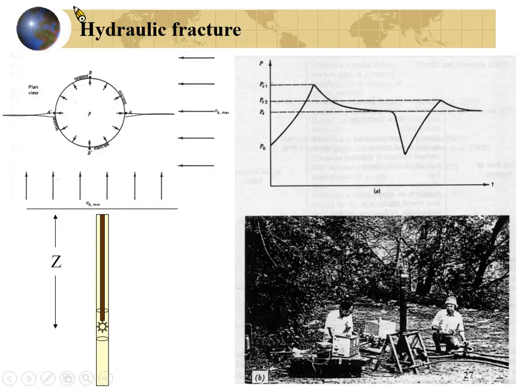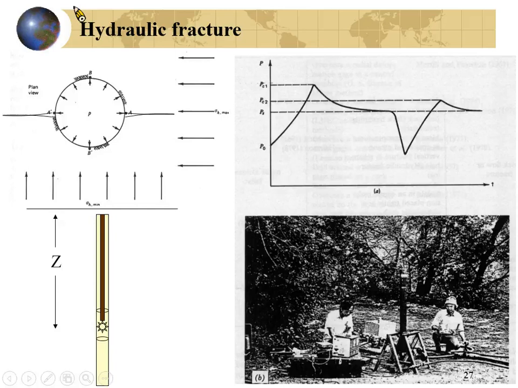But for the second time, you only need to overcome the in situ stress, because the rock is already fractured, so the tensile strength of the rock has already been reduced to 0. That is the difference between these two.